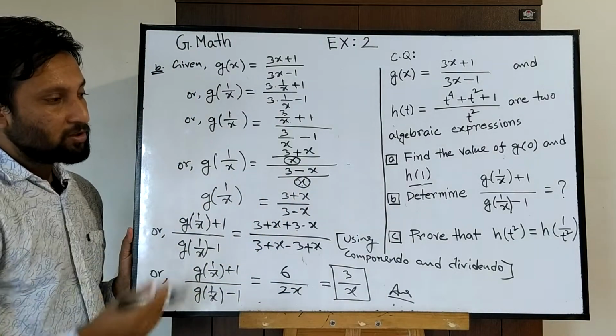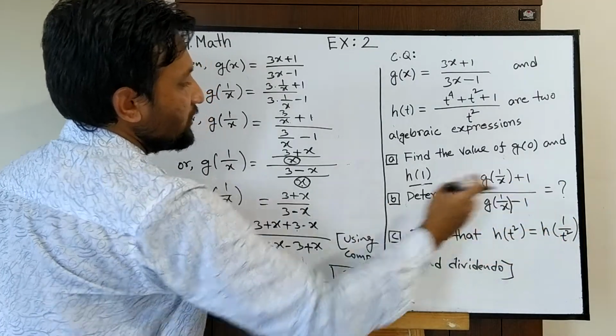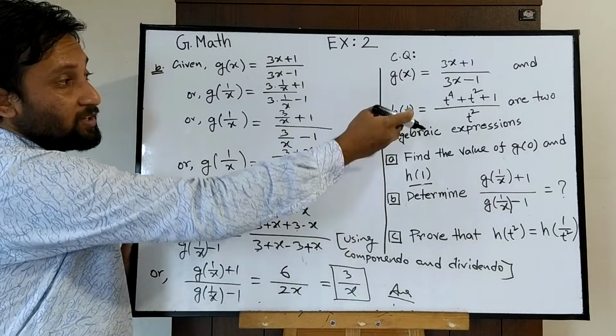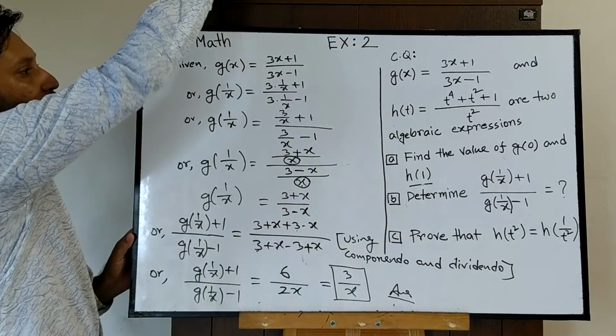Now see, here prove that h of t square equals h of 1 by t square. That means by the given expression of h of t we have to prove this.